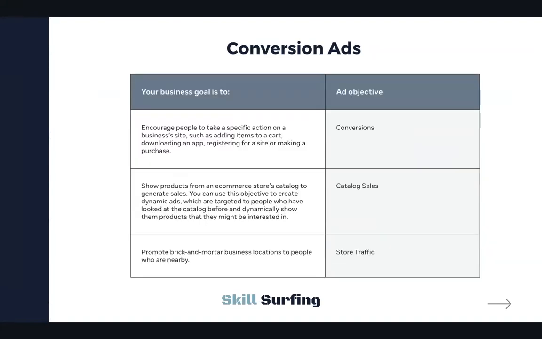The third category of ads is the conversion ads. You have three types: conversions, catalog sales, and store traffic. Store traffic is when you have an actual physical location. This works well because it targets people who are physically nearby. This one is very interesting.